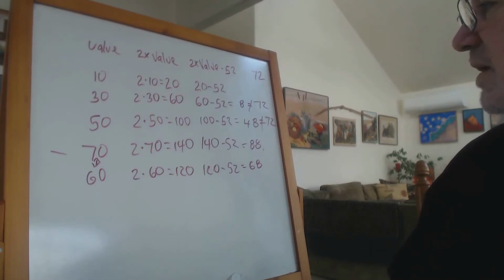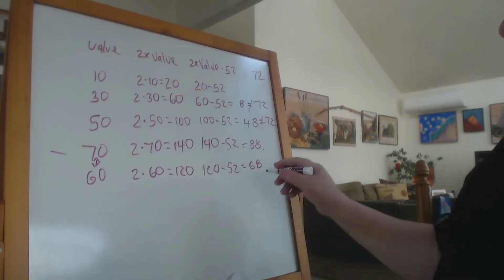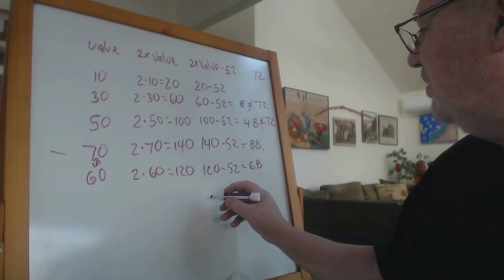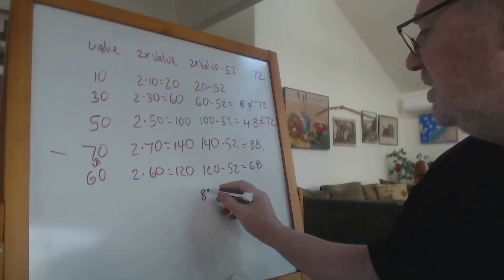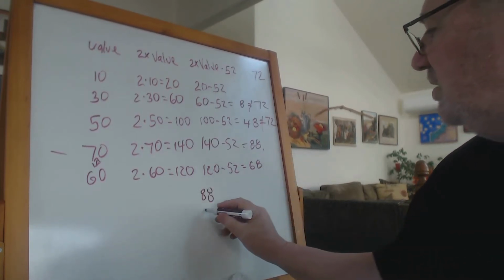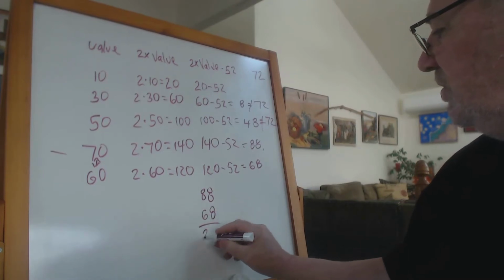So if we try right in between, well, let's take a look. What's the interval of 88 and 68? Well, the interval is 20.